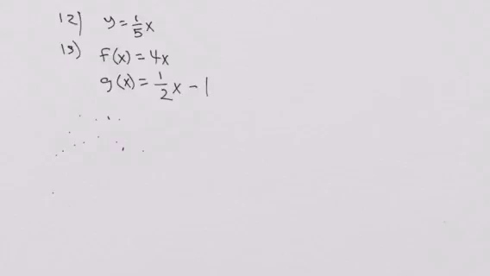Anytime you have a number that's sticking out by itself, like this, that's going to be a vertical shift, up or down. And so we have two things going on here.